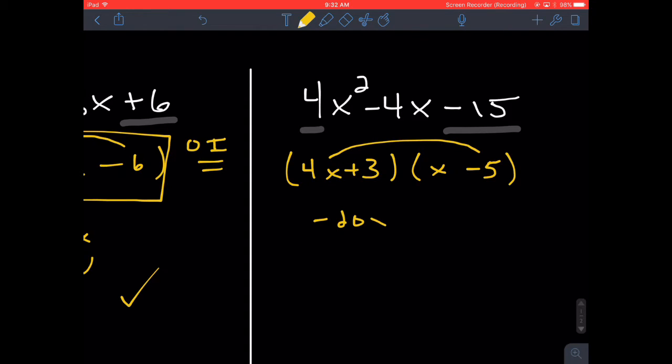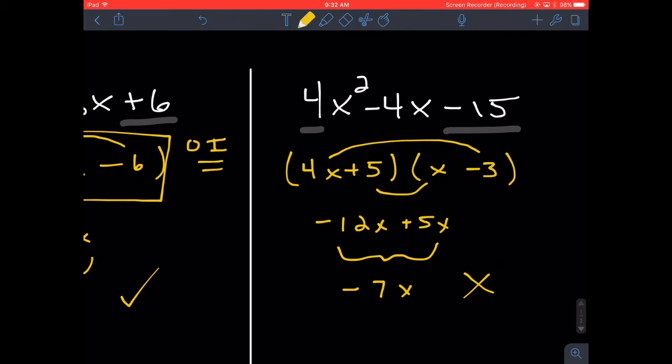So we get negative 20x, and then we get positive 3x, which combine together to give me negative 17x, which, surprise, is not what I was looking for. So let's switch the 3 and the 5 and see if that gives us something that's a little more what we're looking for. We're going to do 5, and then we're going to do 3 to get negative 12x, 5x, and then negative 7x, which, man, this is bad. This means that 3 and 5 does not work in this arrangement.